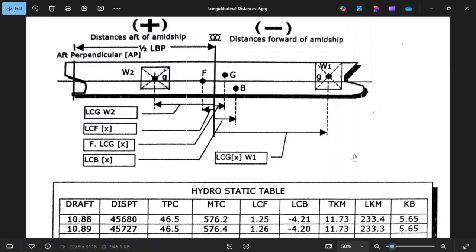Okay? That is how this figure is giving us some information. And here, this one is small sign. Rotation. This is the center, LCG is negative sign here because forward of midship.